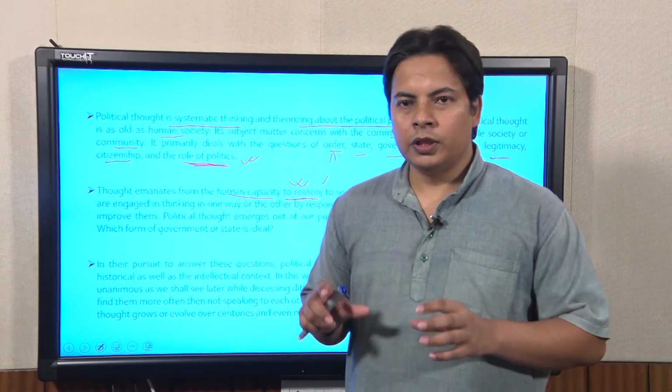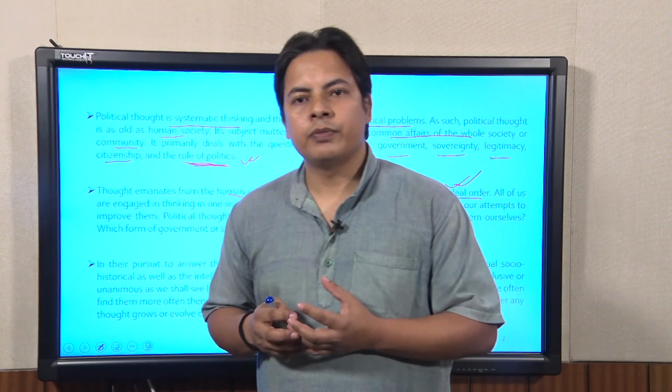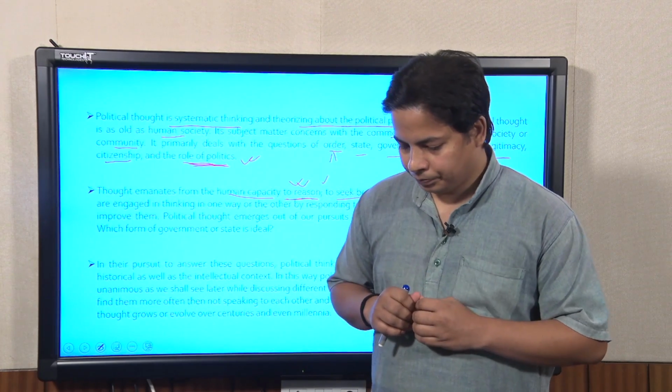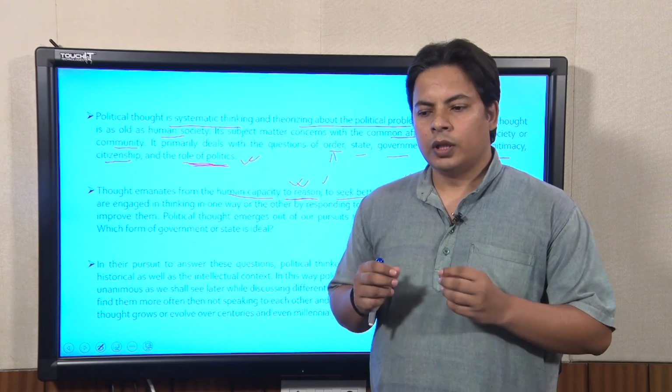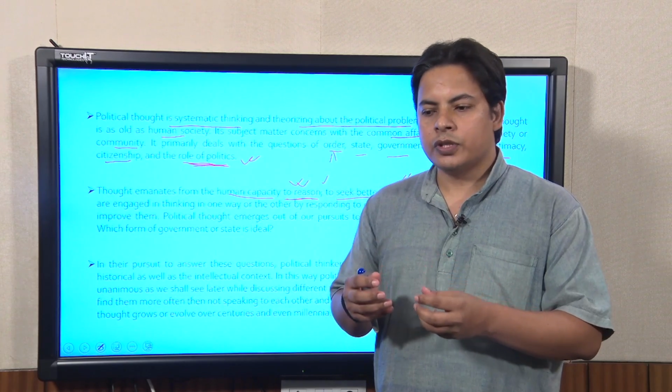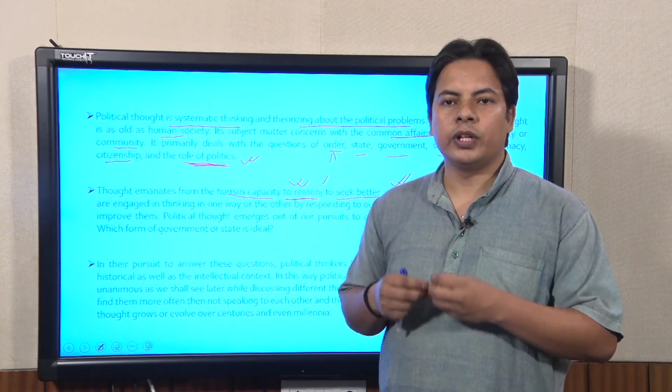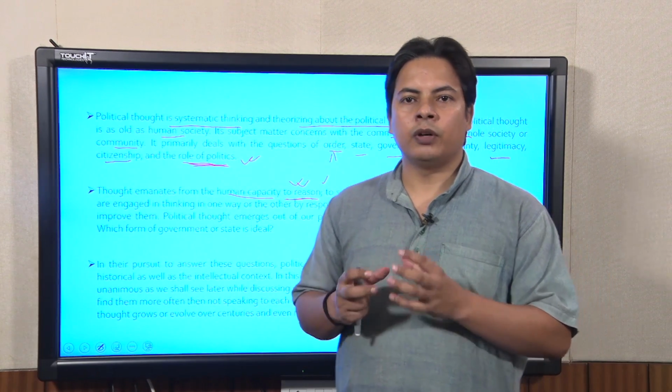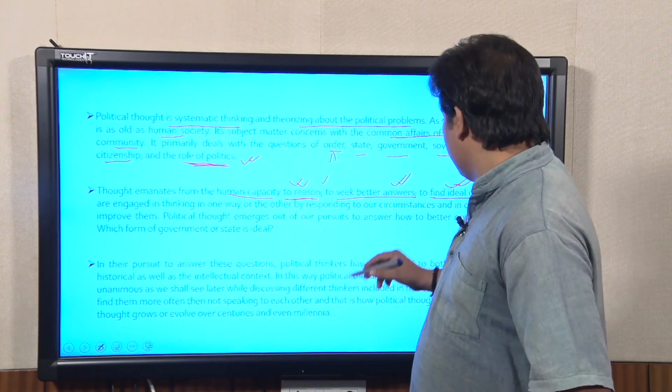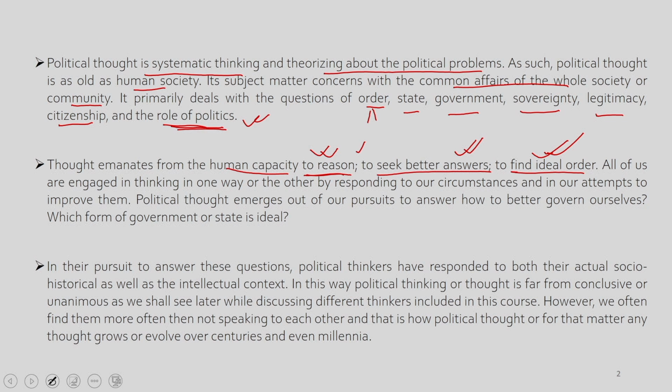So, in political discourse or in political philosophy, we will see how political thought is a result of this constant search or inquiry into this interplay of ethics and politics. So, coming back to this question of how thought emanates, it is from the human capacity to reason, the search for better answers, and also to find the ideal order in the given circumstances.